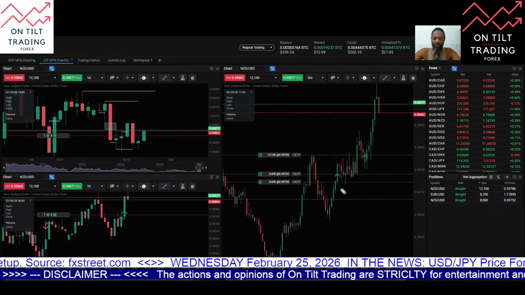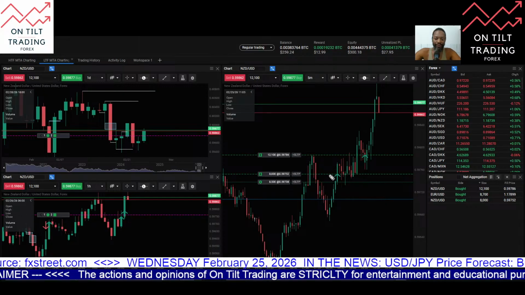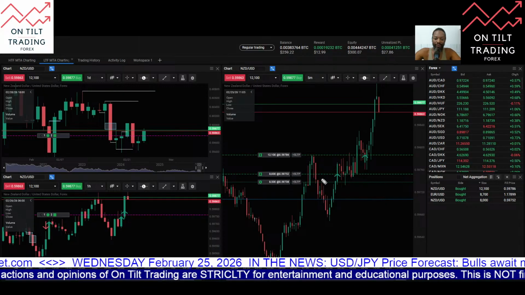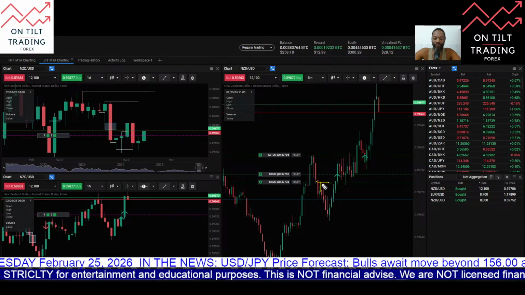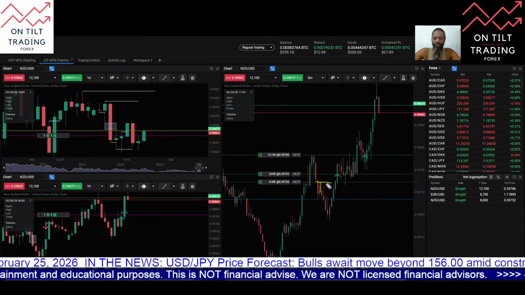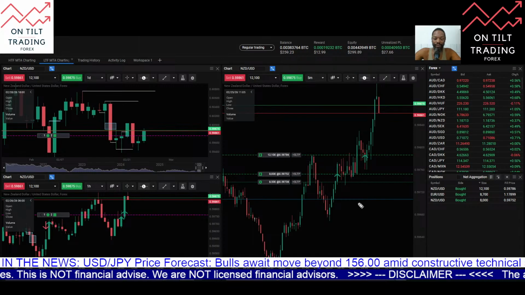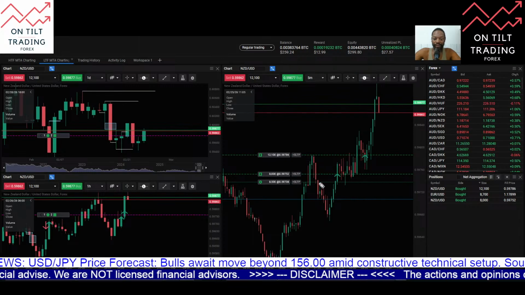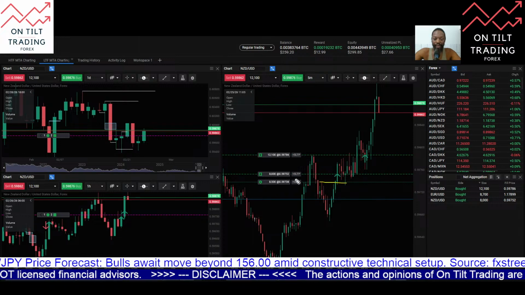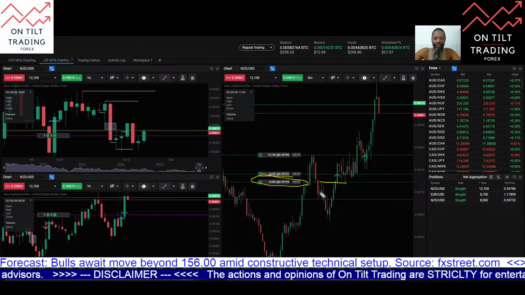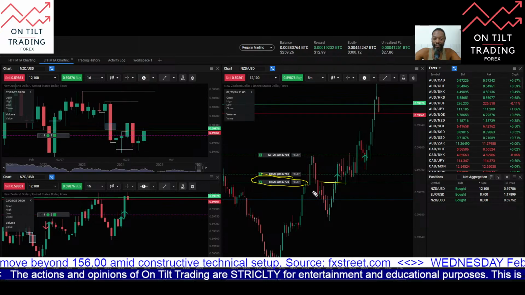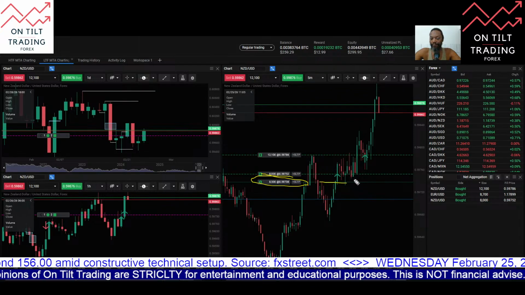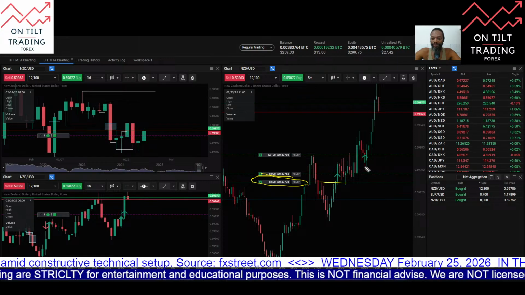When I did that, I realized that price had not come back down to offer that price. I entered with a market order when I normally enter with a limit. So I realized price had not fully pulled back, so I left a limit order there in case price does pull back into that area. And we'll see what it does.